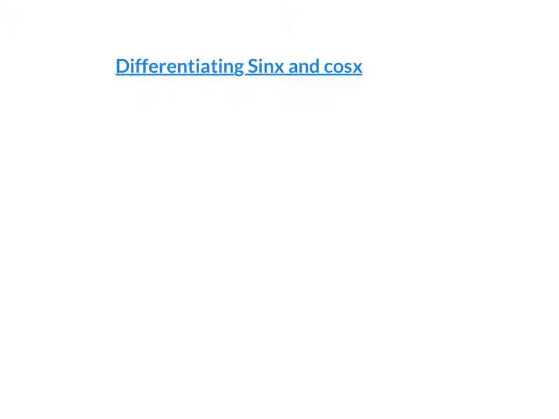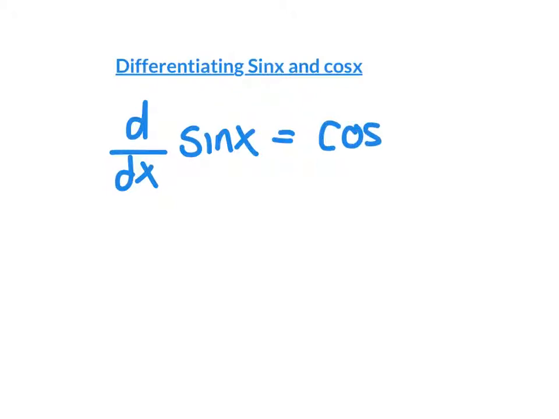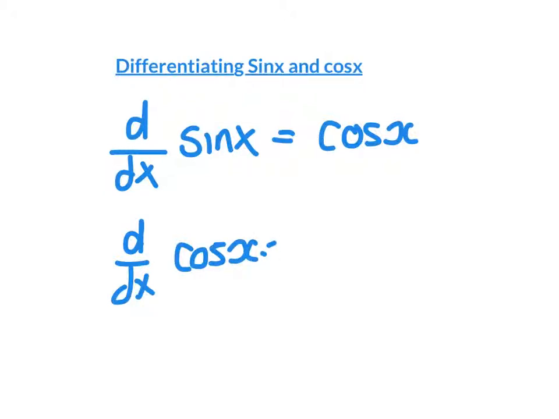If we differentiate a sine of something, we get cos. And if we differentiate cos, we get negative sin x.